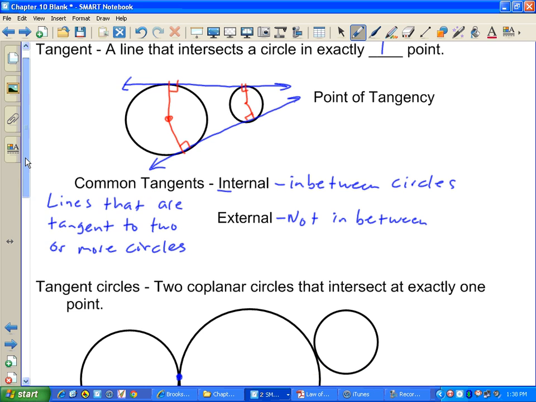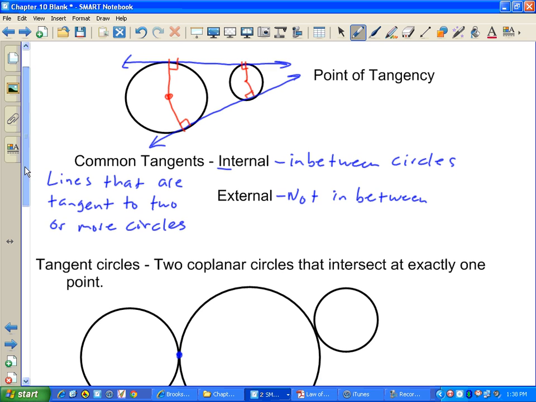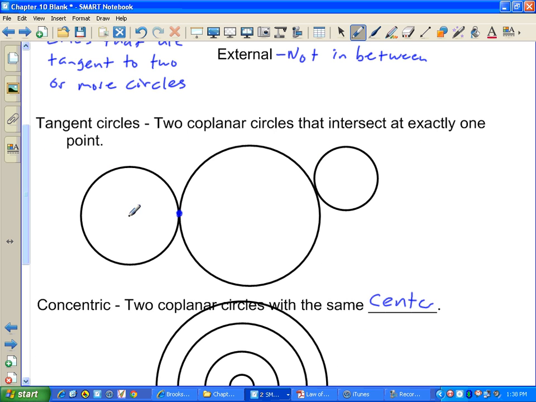It's important to know that if we connect the radii here, they're not going to make right angles with each other, but if there's a line that went right through that point of tangency, then these would both make right angles with that.